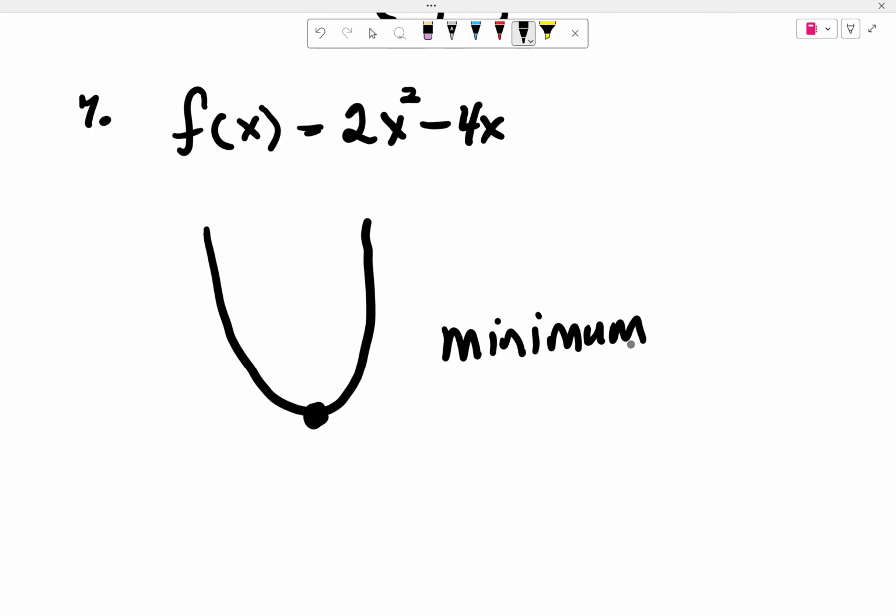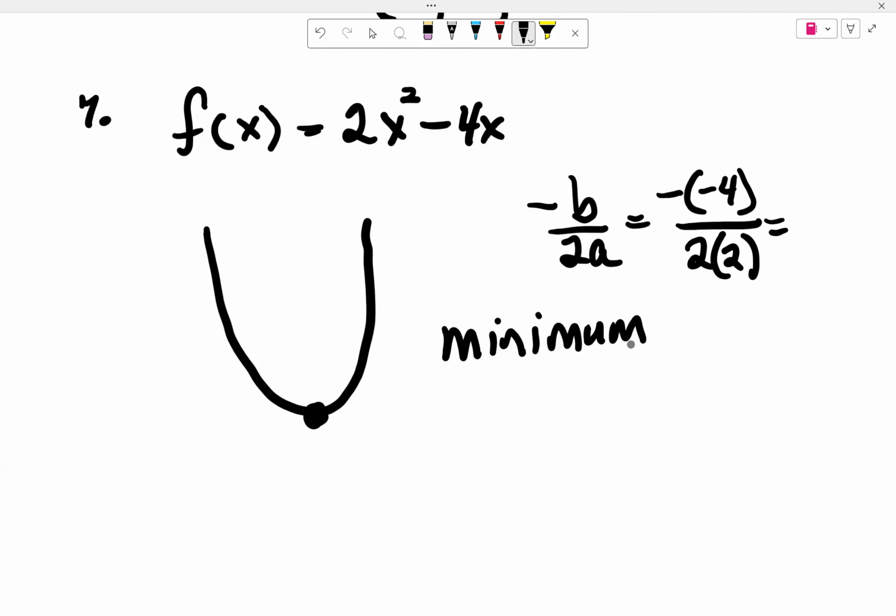If that is the case, then we need to use our axis of symmetry, -b over 2a, which in this case is -(-4) over 2 times a, which is 2 times 2. So if you notice, it gives you 4 over 4, which is 1. So eliminate any answer choice that doesn't have +1.